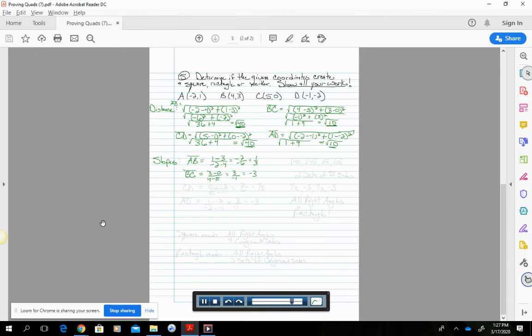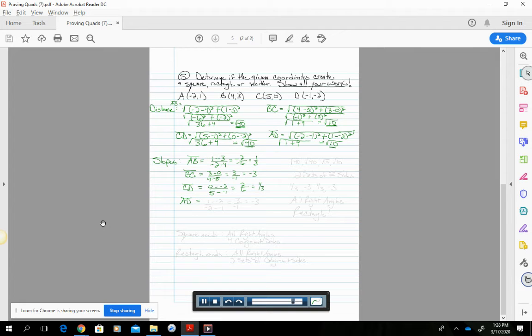Next slope I have to do is from C to D. So from C to D, it's y minus y over x minus x, so 0 minus a -2 over 5 minus a -1. So that gives me a positive 2 over 6, which reduces to 1/3. And the last one I have to do is from A to D. Notice your slopes and your side lengths.